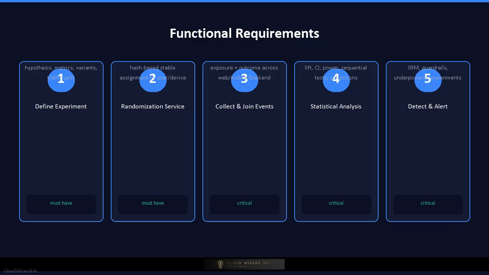Fifth, it must detect and alert on sample ratio mismatch, guardrail metric violations, and underpowered experiments. Sixth, it must support a user interface for experiment configuration, status dashboards, and read-only reporting, plus integrations with feature flag systems and analytics tools. These capabilities make experimentation trustworthy and repeatable.